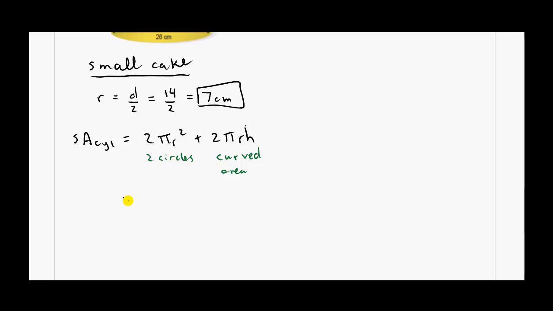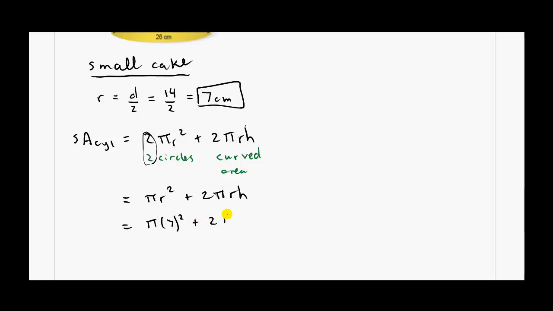On the small cake, we have the top, which is a circle, will be frosted. The bottom of that small cake will not be frosted. So we're not going to have two circles. It will be one circle. So we'd have to use pi r squared plus 2 pi rh.